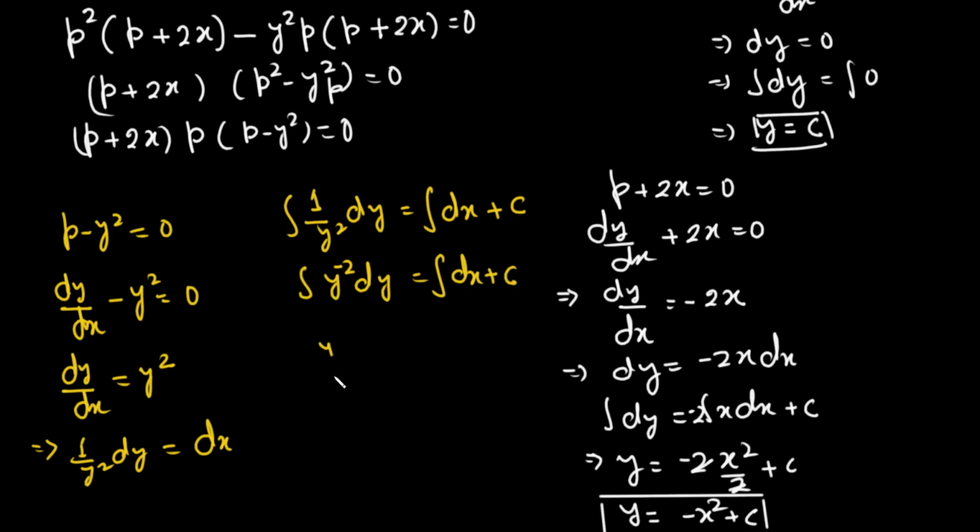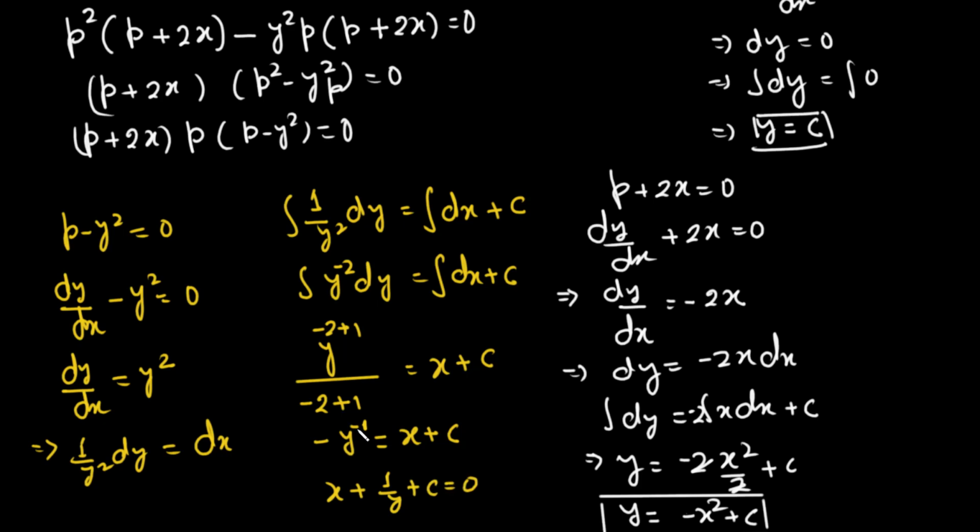Integration of y raised to power minus 2 is y raised to power minus 2 plus 1 over minus 2 plus 1, equals to x plus c. So this is minus y raised to power minus 1 equals to x plus c. It can be rewritten as x plus 1 over y plus c equals to 0, bringing this minus y raised to power minus 1 to the right hand side, right? And so this is the solution of the third factor.